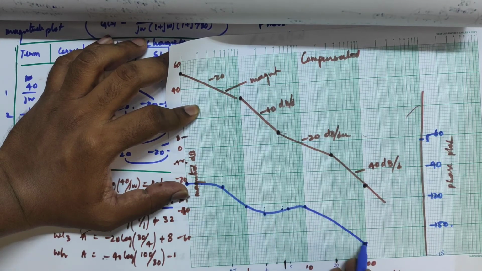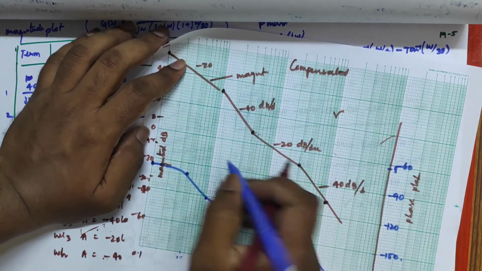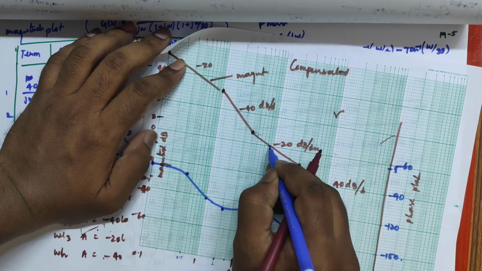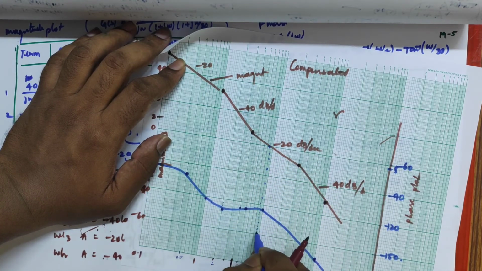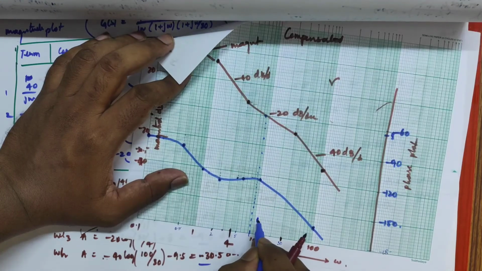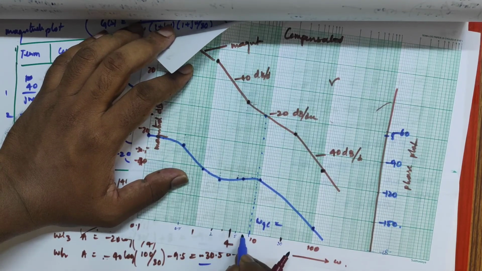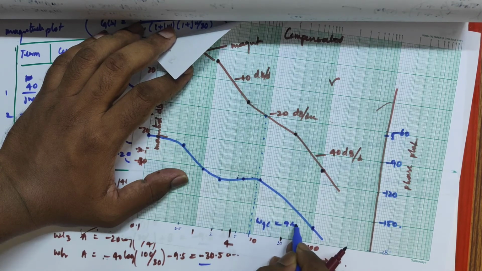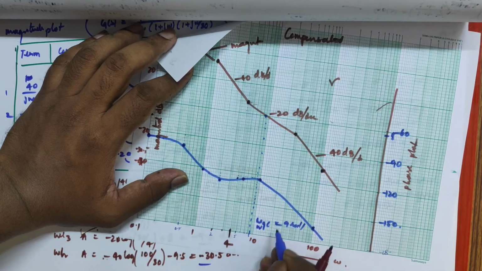Now our job is to find the phase margin. At the gain crossover frequency, this is a new gain crossover frequency, so we'll name it omega GC. So it is 9 radians per second. At this new gain crossover, I get a new phase.